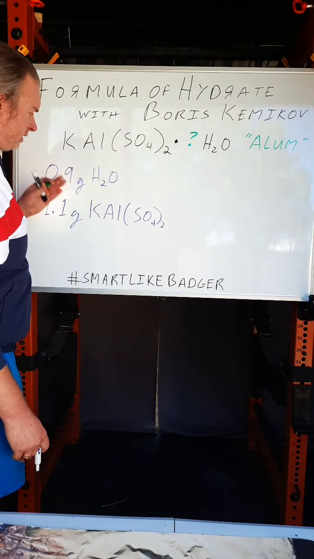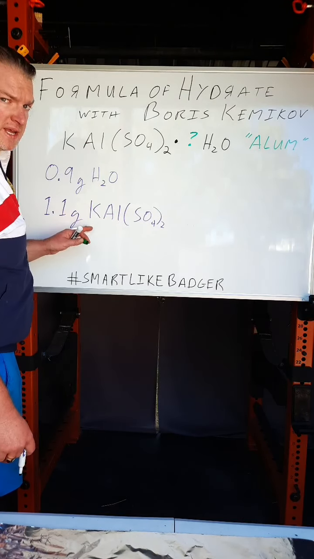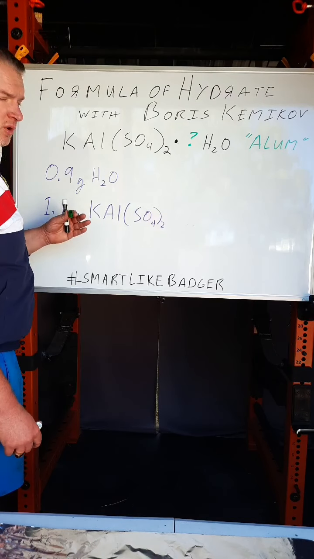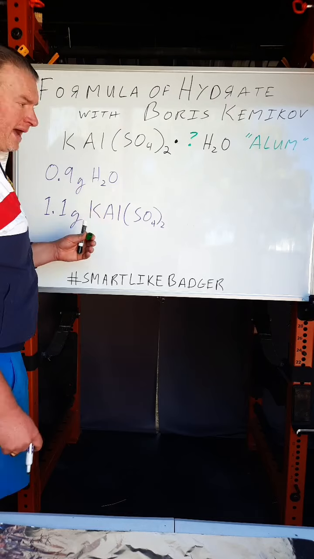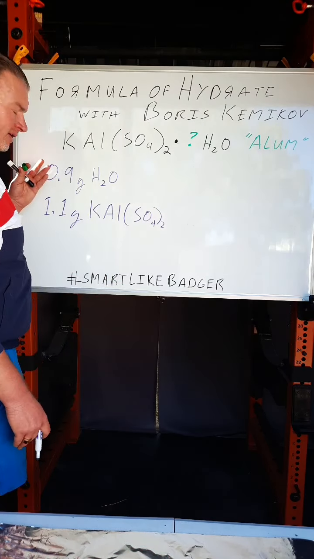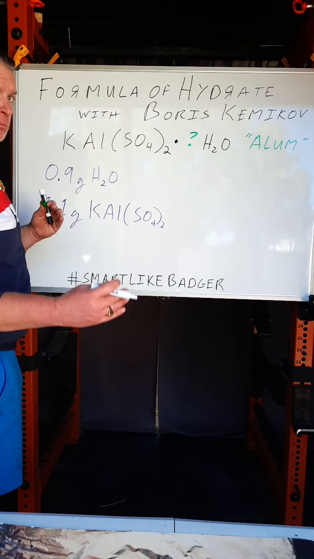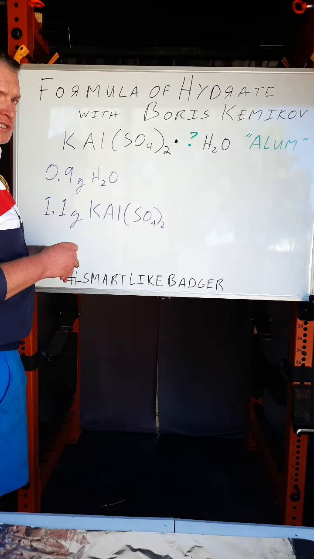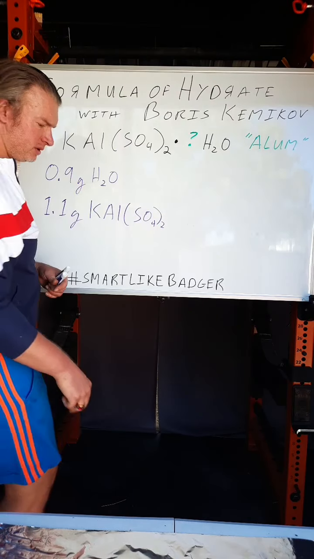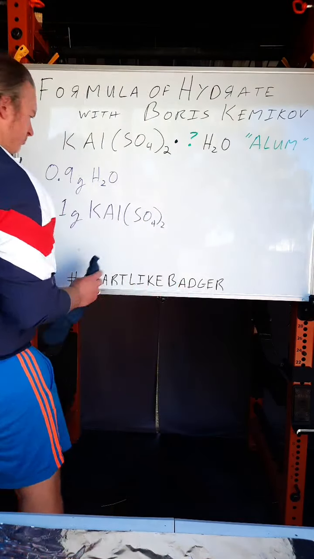So we know how many grams of water we evaporated. Therefore, what remains must have been this right here. Now, to determine their molecular ratio, how many molecules compared to molecules, we do not compare masses. We compare moles. Moles is the unit that we count molecules in.